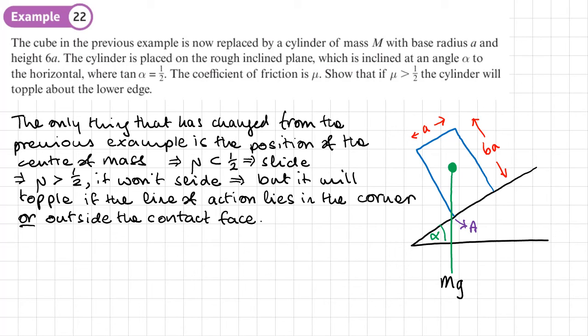I'm going to draw a triangle like this, and we know the lengths of some of these sides. This is going to be 3a, because remember, in the cylinder the center of mass is right down the center. Now we don't know the length of this here, because this line of action could be going through the corner, or it could be further out from the corner.